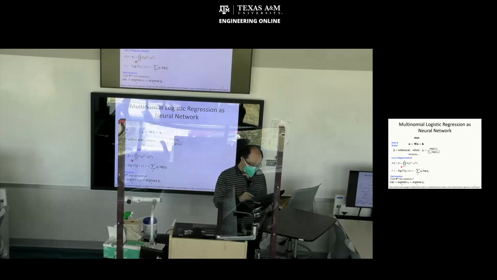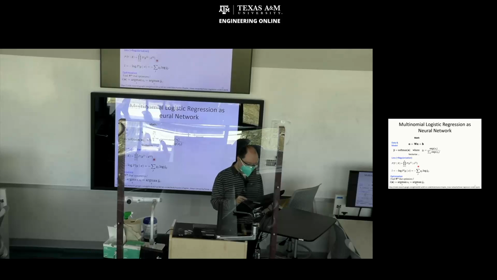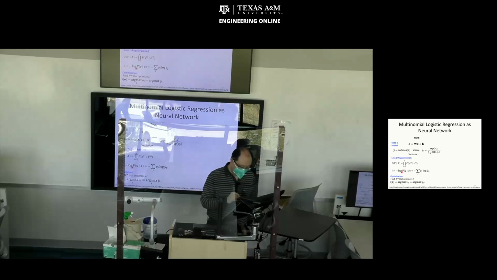If I assume again that these examples are IID, independently and identically distributed, actually I only used independence here, then I can rewrite this probability as a product of individual examples' conditional probabilities. Then I can write the loss function as minus log, since I maximize the likelihood. The log of the product becomes the sum.